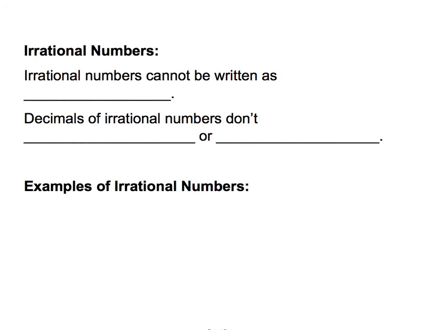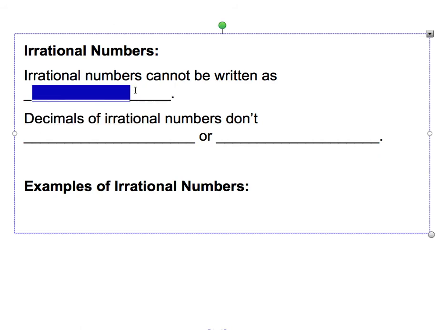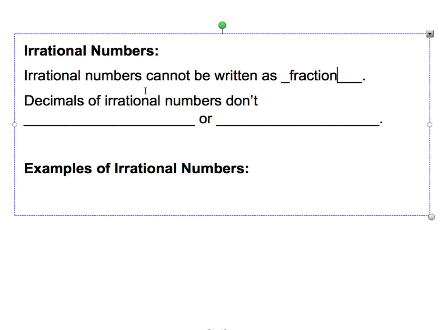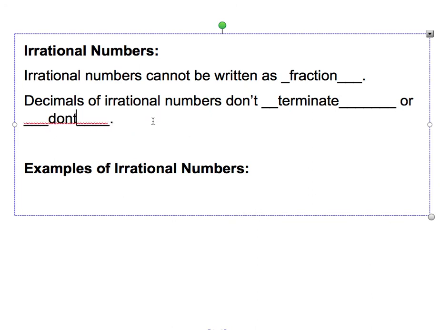Irrational numbers cannot be written as a fraction. The decimals of irrational numbers don't terminate and they don't repeat. These are the ones that we talked about in Unit 1. Remember, the irrational numbers keep going and going, and they don't repeat what they say.